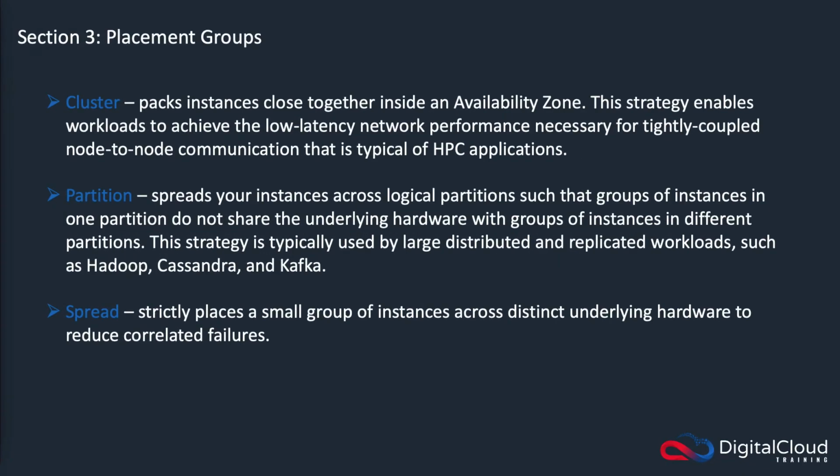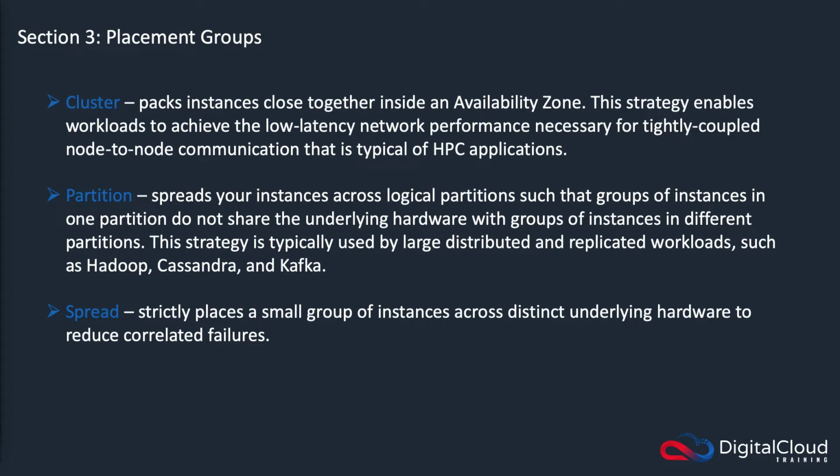When you launch your EC2 instances, you can choose to put them in a placement group. When you launch multiple EC2 instances, normally they'll just get placed on the underlying physical hardware in a way that you have no control over.